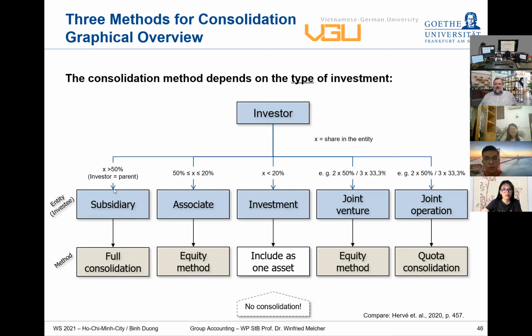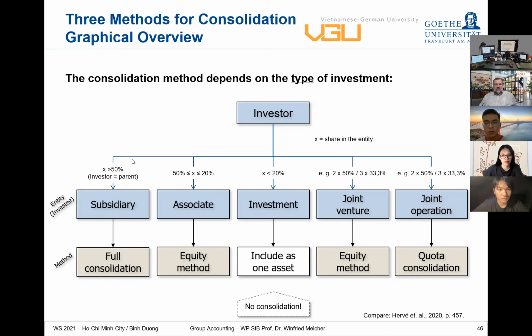Okay, so if you have a subsidiary, you use the full consolidation method, no matter what percentage you use. So don't use the quota consolidation on a 60% subsidiary. That's wrong. Because IFRS 10 says whenever you are a parent of a subsidiary, no matter what is the percentage you have the power over, you use the full consolidation method.